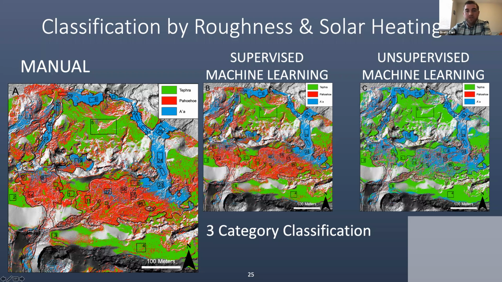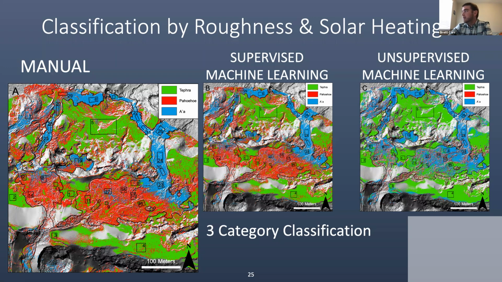The unsupervised machine learning deviates a decent bit in that the Pohohoi class category basically disappears. What the unsupervised technique saw was basically the distinction between the tephra in the green and the lava flow, which is in the blue. It didn't see Pohohoi as a third significant cohesive mappable unit.